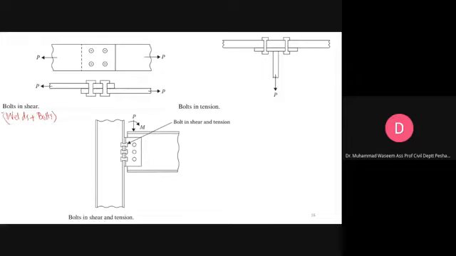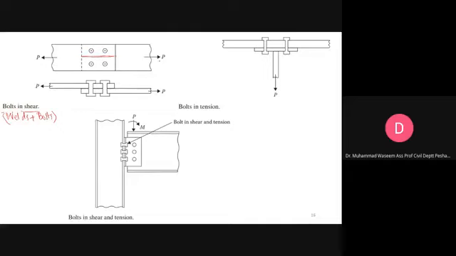The welds and bolts, like through a connection, may be subjected to shear forces. This is an example of a simple connection. As I told you, there are two types of connections. If the applied force or resulting force passes through the centroid of a connection, we call it a simple connection or concentric connection.